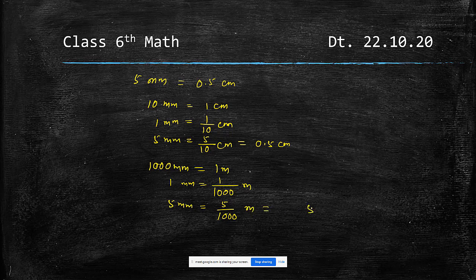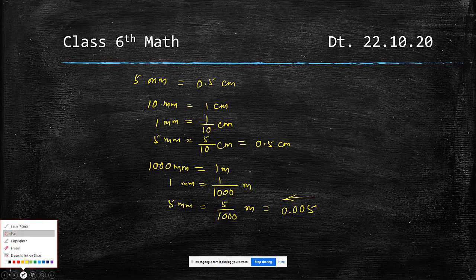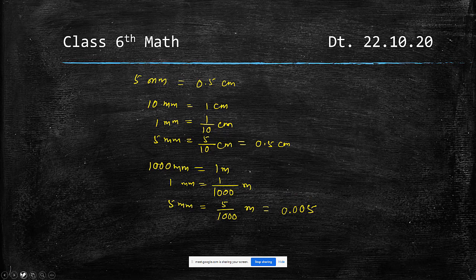It means we will write 5 and put the decimal after 3 places from the right. So we will write it as 0.005. Okay. And this sign is only to explain to you. No need to put this one. Clear? So 5 millimeter can also be written as 0.005 meter.